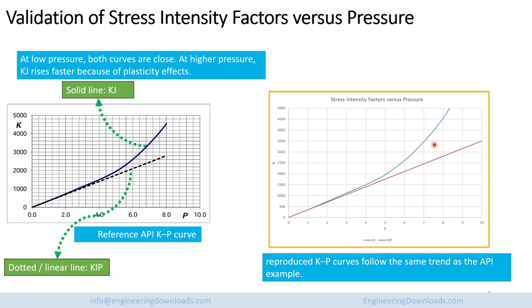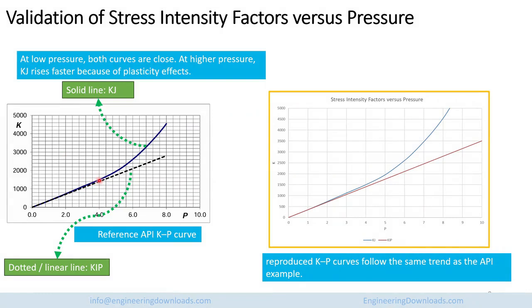Before trusting the final assessment, it is useful to compare the reproduced stress intensity curves with the reference figure from the API example. The solid line represents KJ, which comes from the elastic plastic analysis, while the other line represents the elastic reference solution KI. At low pressure, the two curves are close to each other.